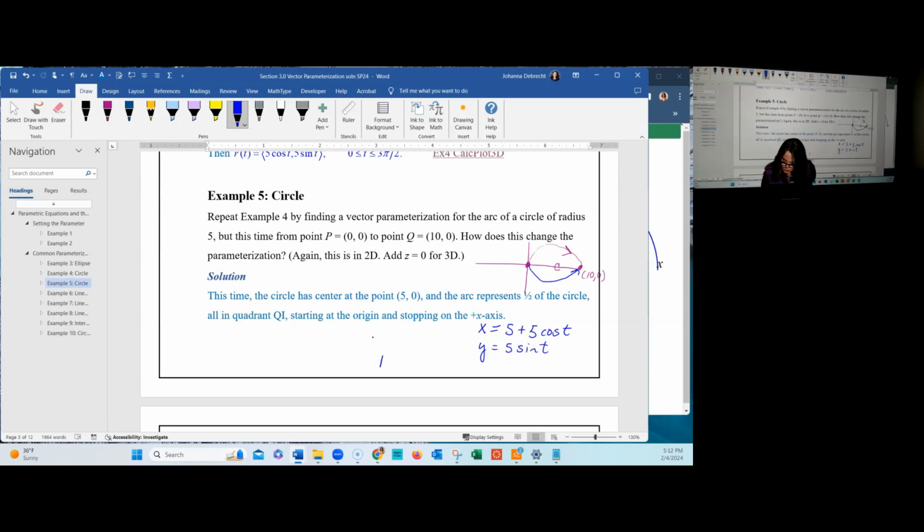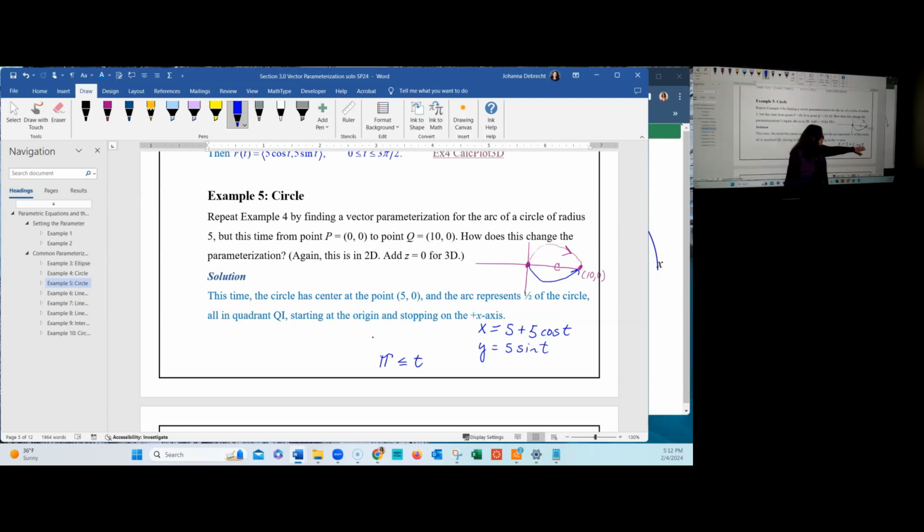If I start when t is equal to pi, does that work? Does it start me at the origin? Well, again, cosine of pi is negative 1, so that would be 0. Sine of pi is 0, so that would be 0. So it does start at 0, 0. If I continue on to 2 pi, does it stop at 10, 0?